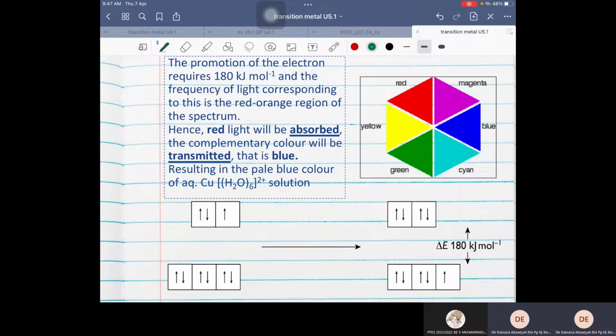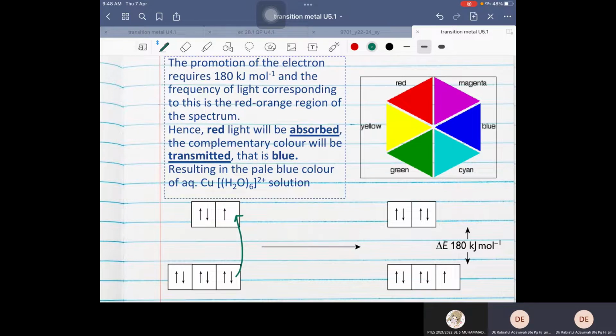The light energy that is being absorbed by the electron for the promotion to happen, okay? The color that we see will be the complementary color to the one that is absorbed. So if you read here, 180 kilojoules per mole of energy, delta E for copper.